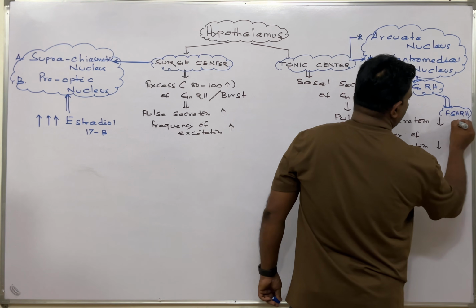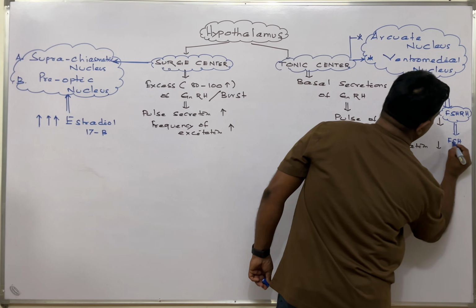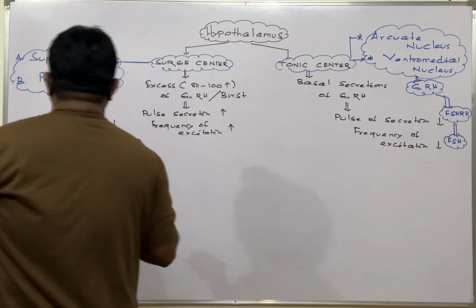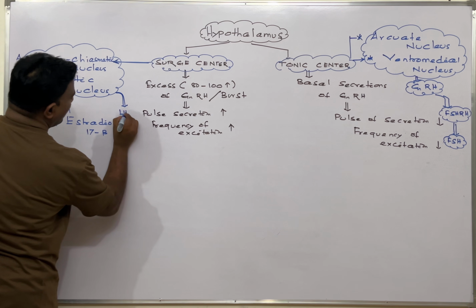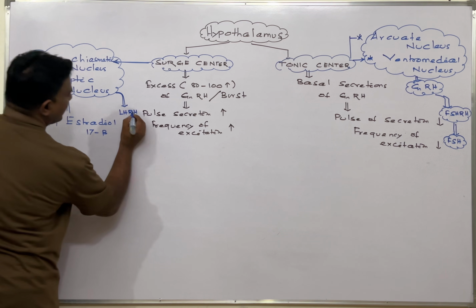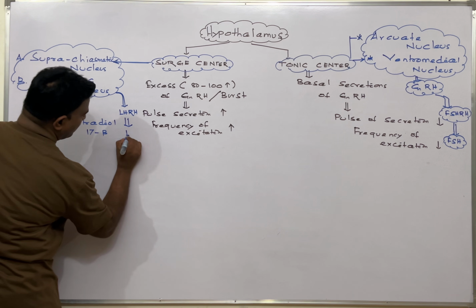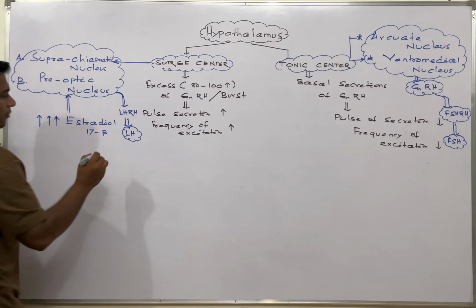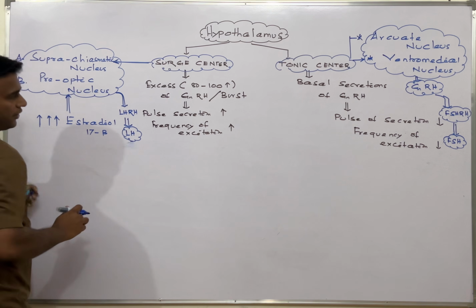That means it is mostly regulating the secretion of FSH. So this is a take home point. And here these two nuclei mostly regulate LHRH, luteinizing hormone releasing hormone, and they mostly regulate the hormone LH from the anterior pituitary, that I will draw separately.